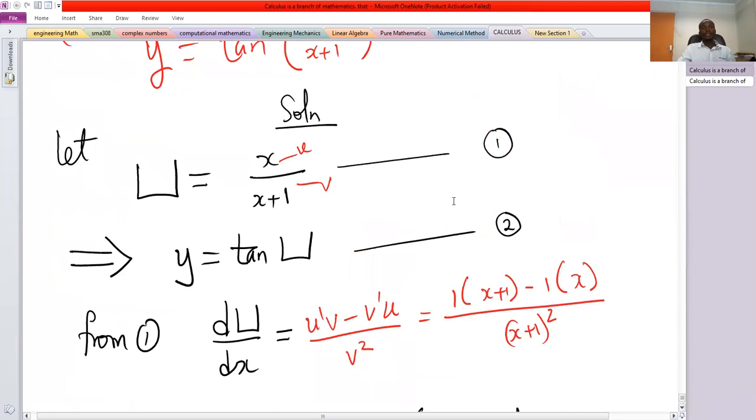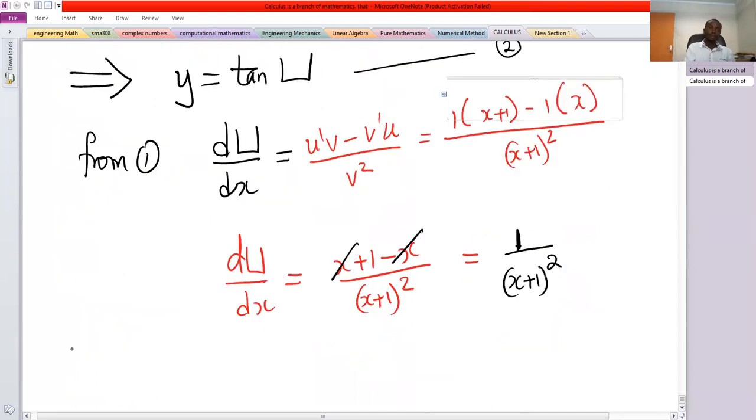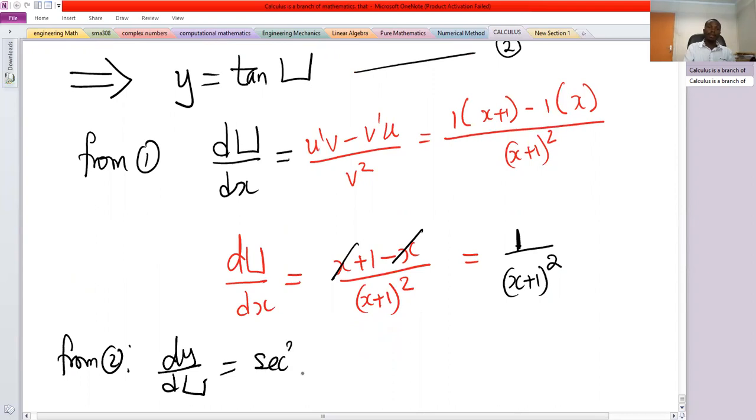And then from 2, dy dU is simply sec squared of U, because when you differentiate a tan function, you get sec squared.